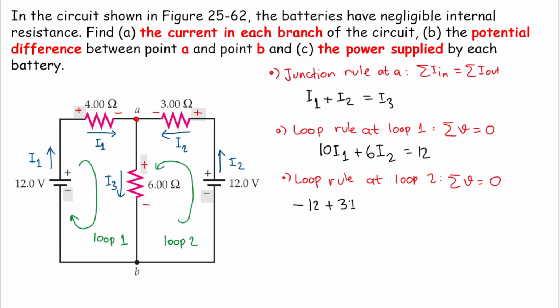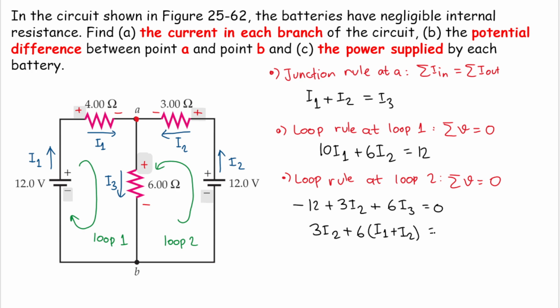Now here we have this 6 ohm resistor, and again the loop enters from the positive side. So we'll have plus, and we will have 6, but this time it is I3. All of that will equal 0. So we will have 3I2, and then plus 6I3, but I3 is I1 plus I2, so I'll have I1 plus I2.